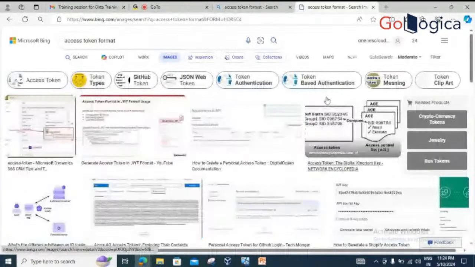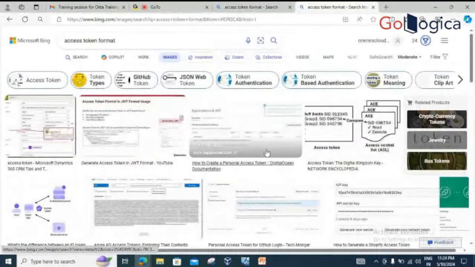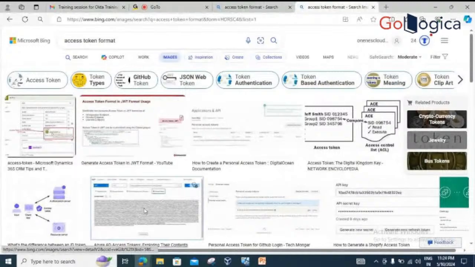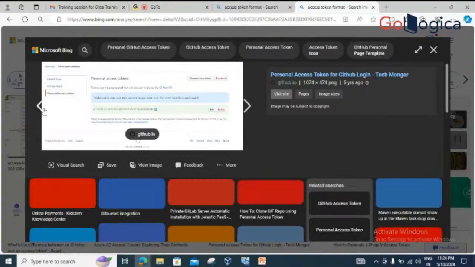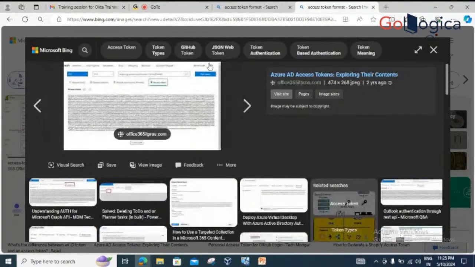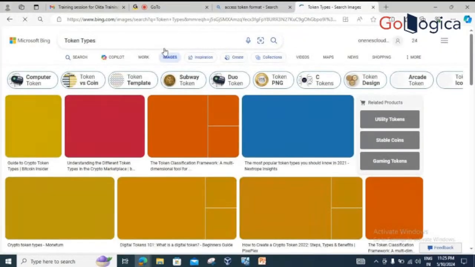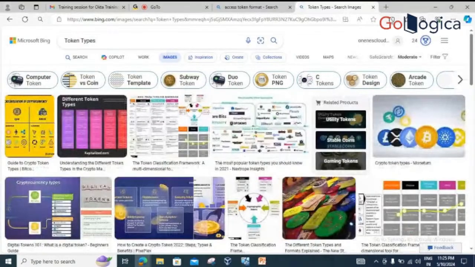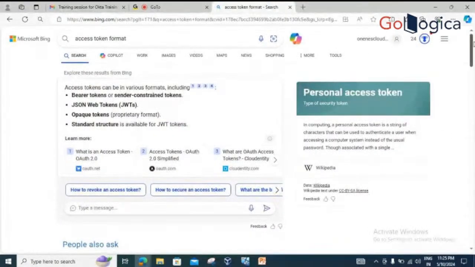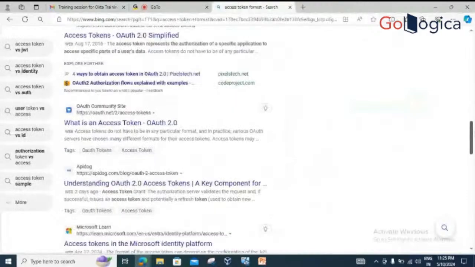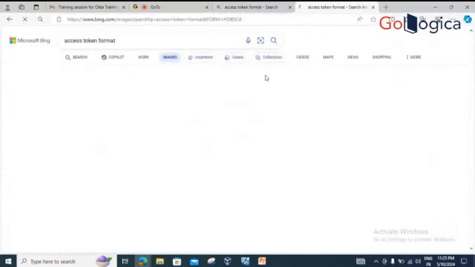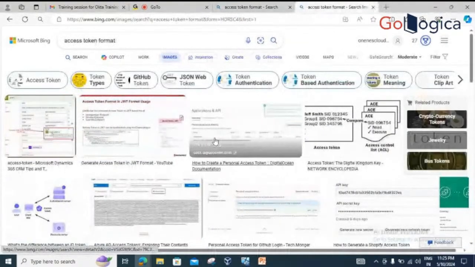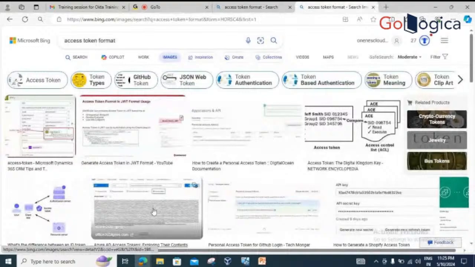I'll show you in the practical side also. Okay, no problem. I'll show you whether we are supposed to do some lab. Basically the access token comes as a very big string.